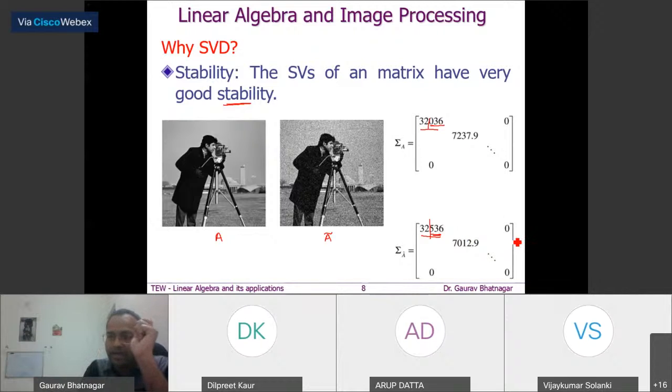However, the error tolerance which you are considering has to be obtained from the highest singular value of your matrices, because whenever you distort something, the effect of that distortion or change is going to reflect maximum in the highest singular value, because this singular value is nothing but the average of the energy of the signal.